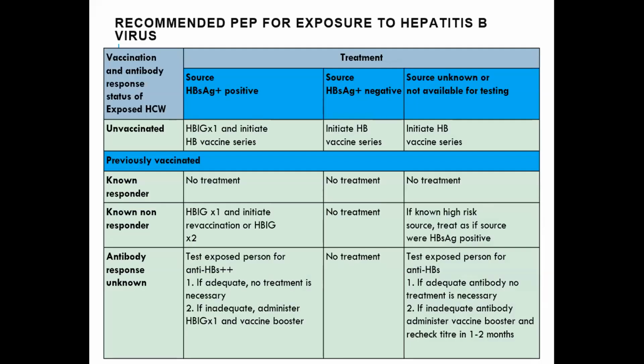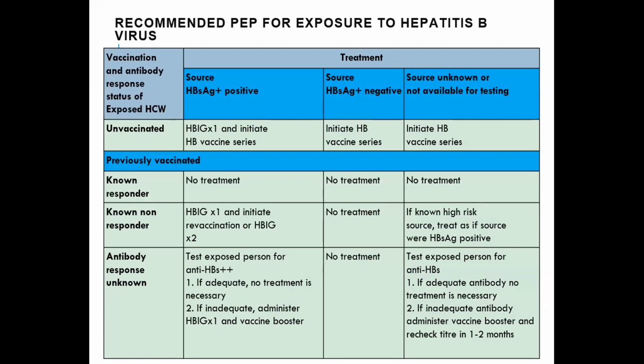These are the recommended PEP for exposure to hepatitis B virus. If the healthcare worker is unvaccinated, usually if the source is positive, we will need to initiate hepatitis B immunoglobulin ×1 and initiate the hepatitis B vaccine series. If the source is negative, and also if the source is unknown or not available for testing, usually we need to initiate the hepatitis B vaccine series.